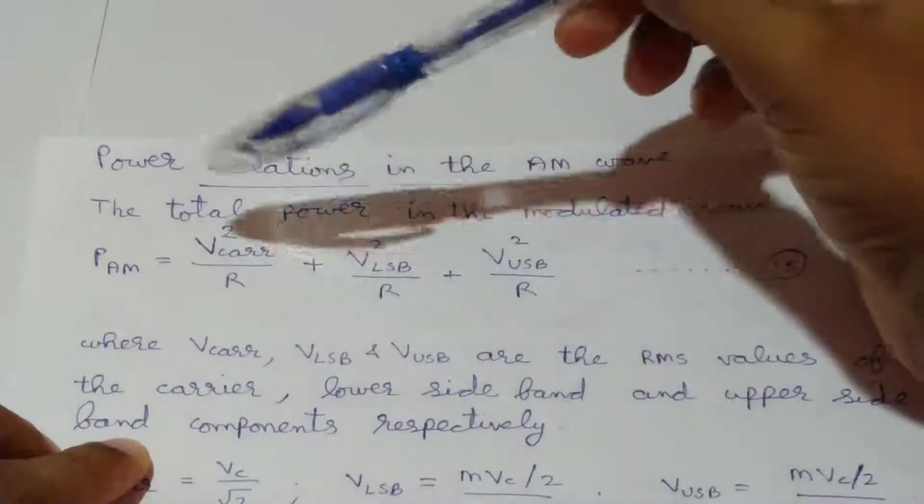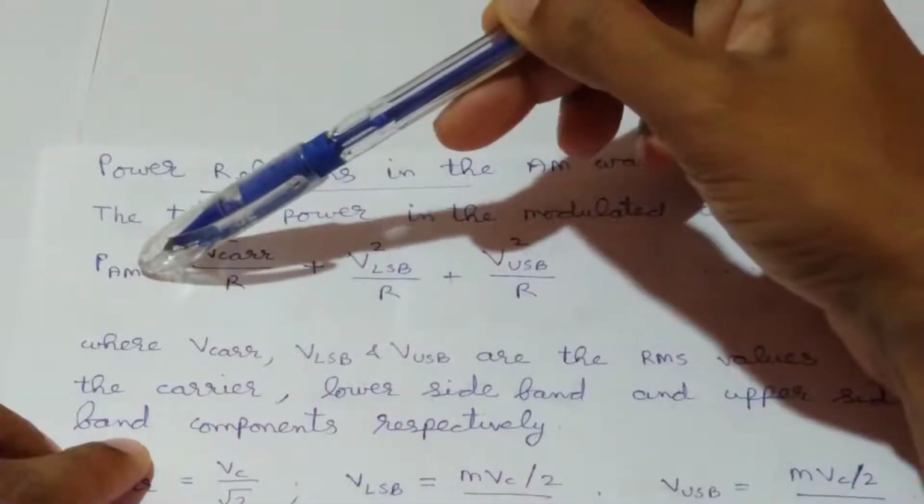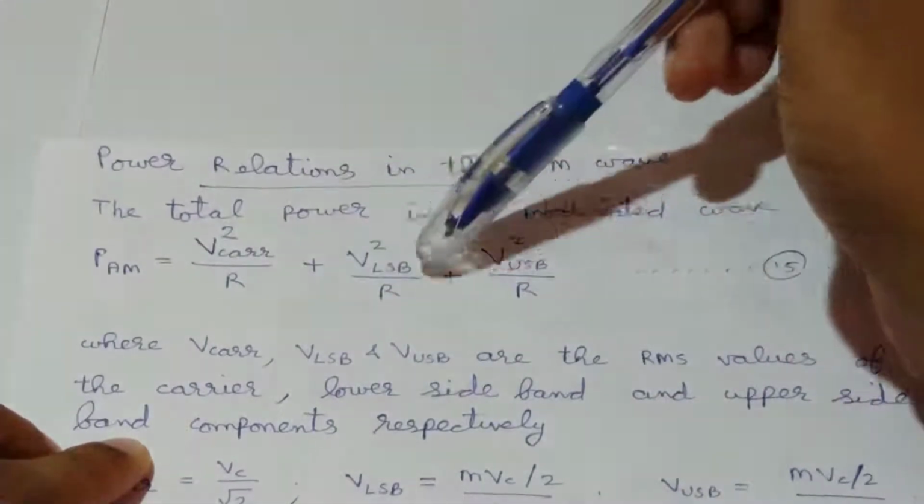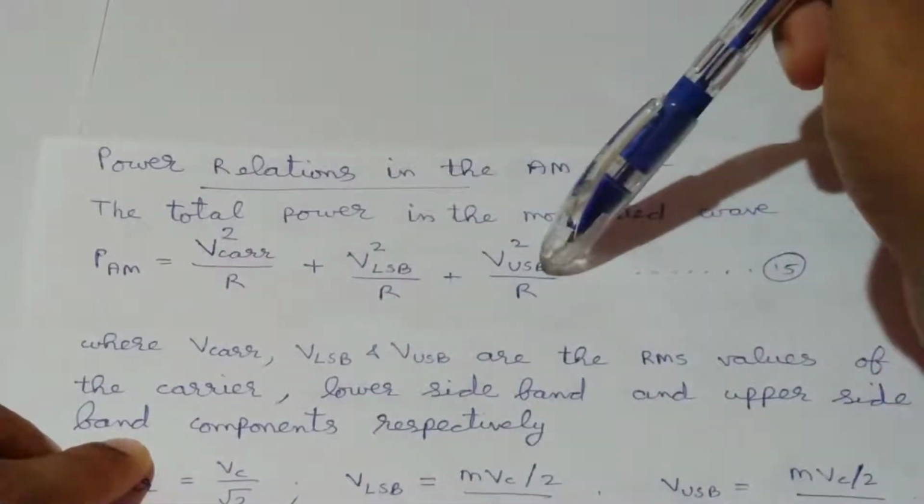And when we consider the AM modulated signal, in that signal we have three components: the carrier component, lower sideband component and upper sideband component.